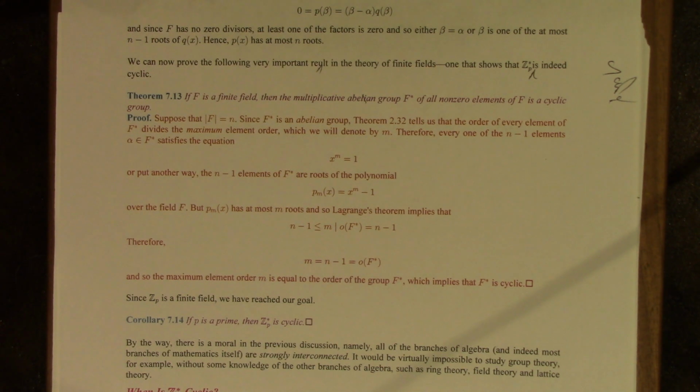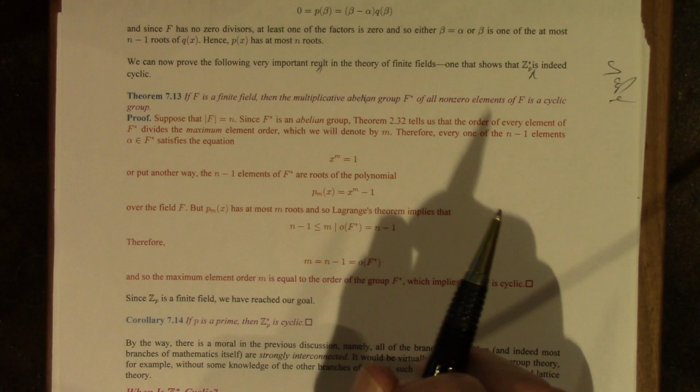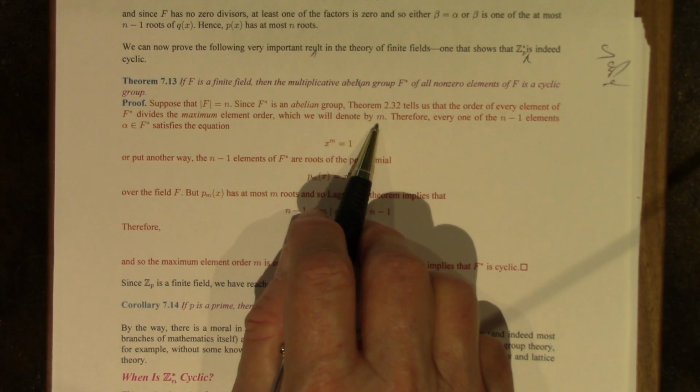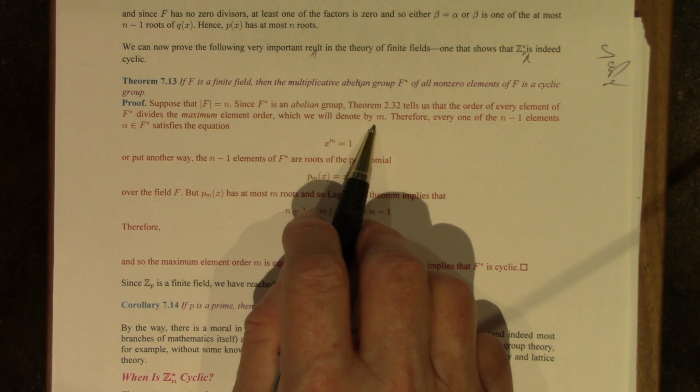If we assumed that an element didn't have order dividing the maximum order, then we could produce an element that had order bigger than the maximum order, if you recall that proof. So we denote the maximum element order by m. Every element order divides m.